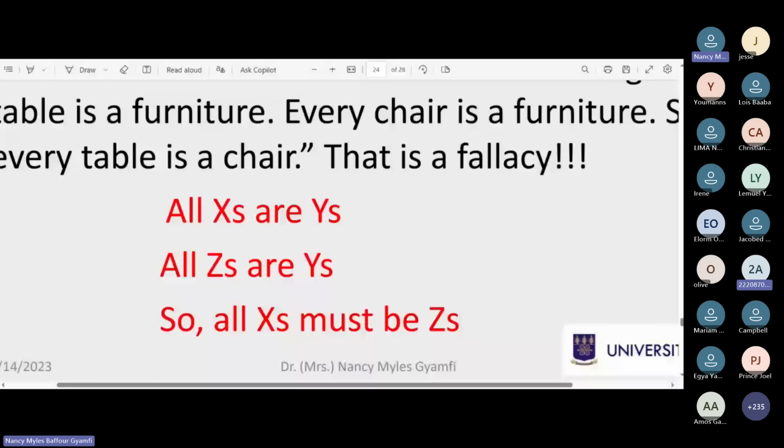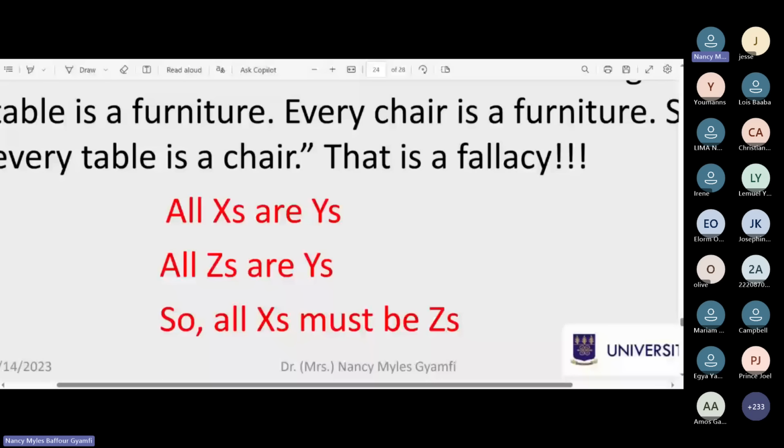The mango is the smallest one inside the fruits, and the fruits will also be inside nutritious. So three full sets, one inside the other, one inside the other. That is hypothetical syllogism. By the time you plot it out, you will see that all mangoes are already inside the nutritious set. Okay, so that is the logic of hypothetical syllogism.